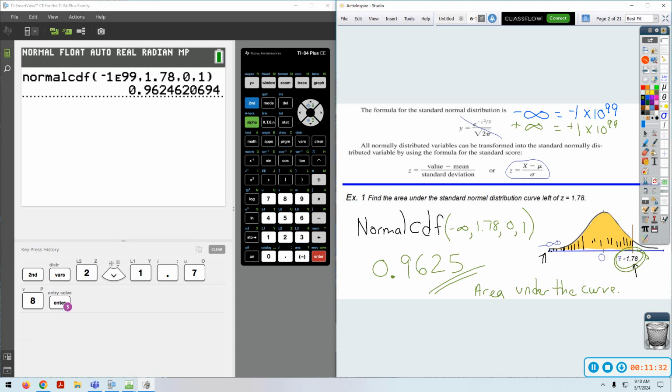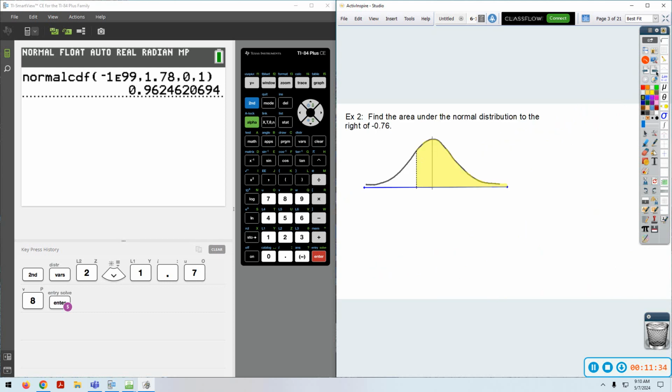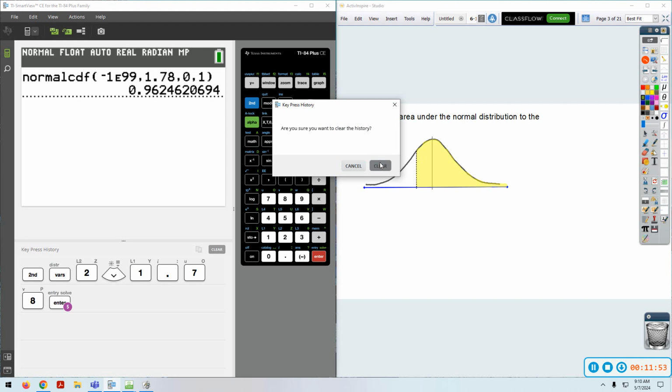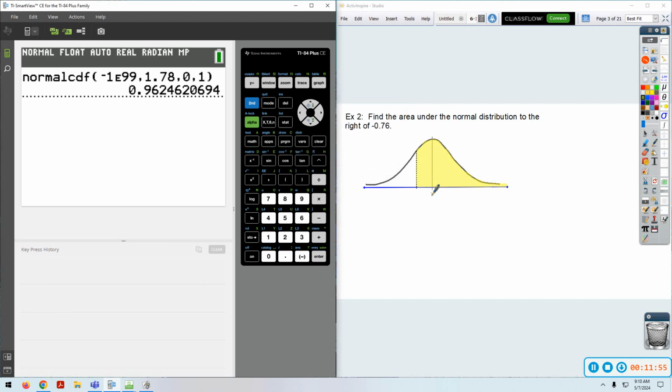Next example. Now we're going to the right. So you're going to ask yourself, what is the area under this normal distribution to the right of negative 0.76. Now that's the z-score, negative 0.76. So we're going to go from negative 0.76 as a z-score all the way to infinity.